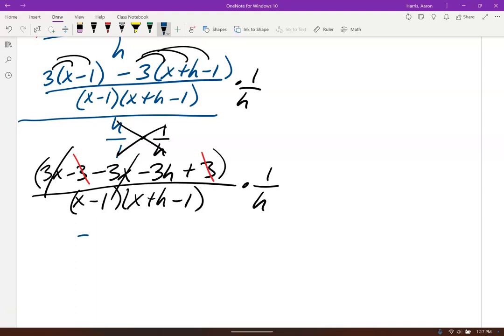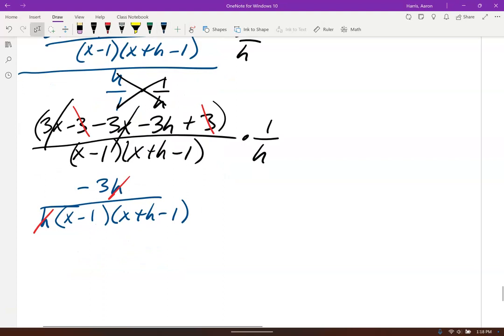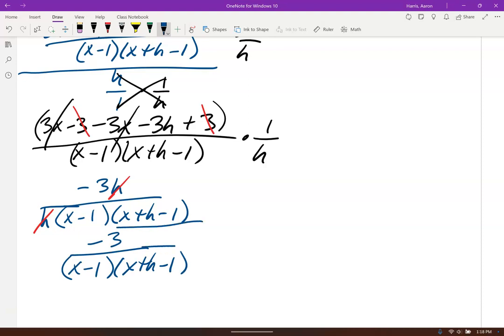So in my numerator I have negative 3h times 1. My denominator I have x minus 1, x plus h minus 1, and then I have times h, and I'm going to put that h out front. And then hopefully you see those h's will cancel right there. Everything's being multiplied, so it'll cancel. I'm left with this as my final answer to my difference quotient.